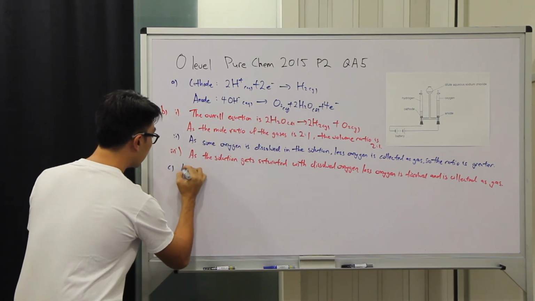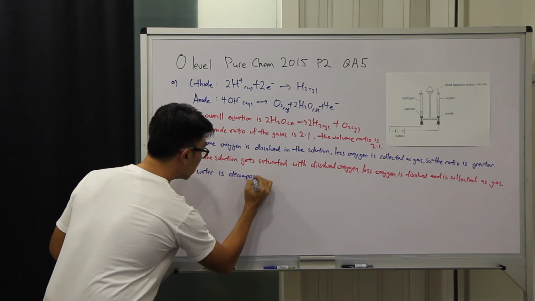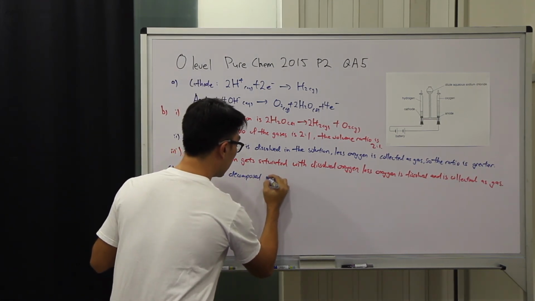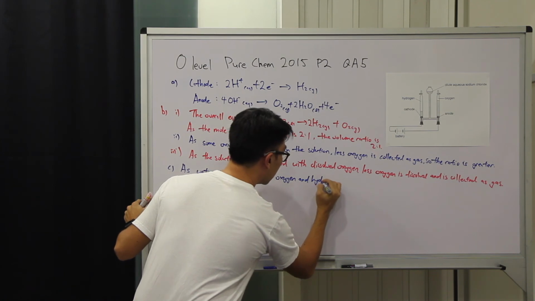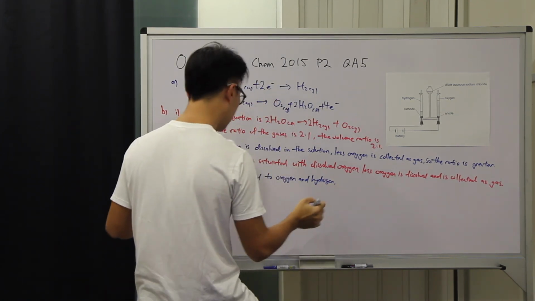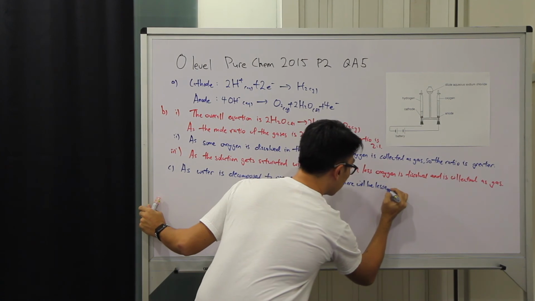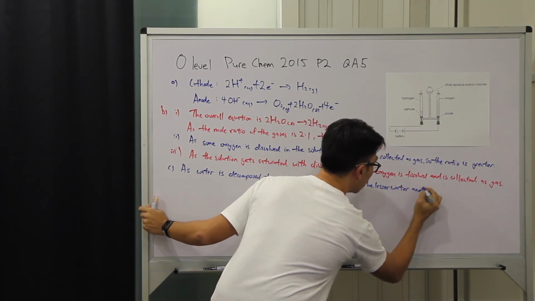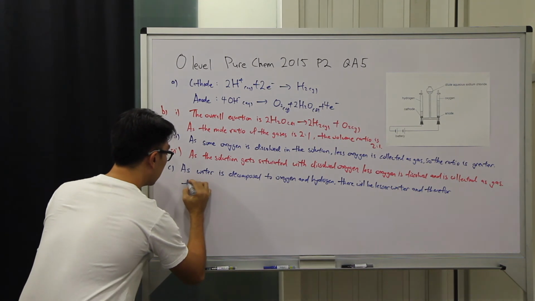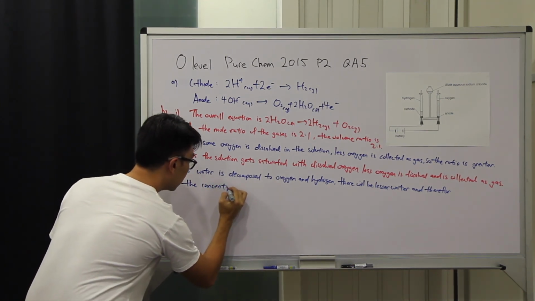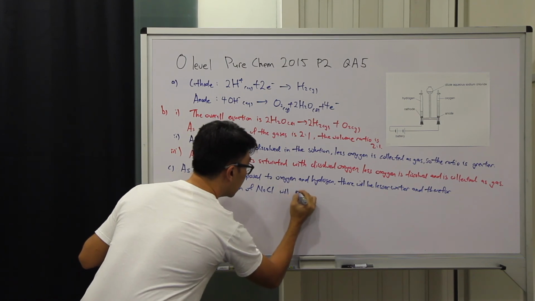So this is part C. As water is decomposed to oxygen and hydrogen, there will be less water and therefore the concentration of NaCl will increase.